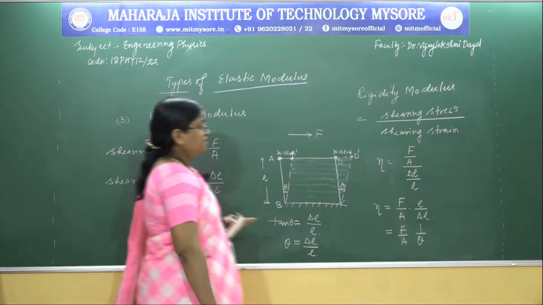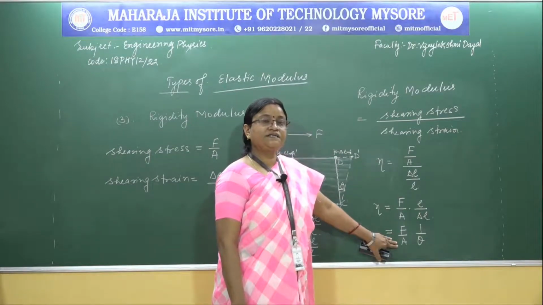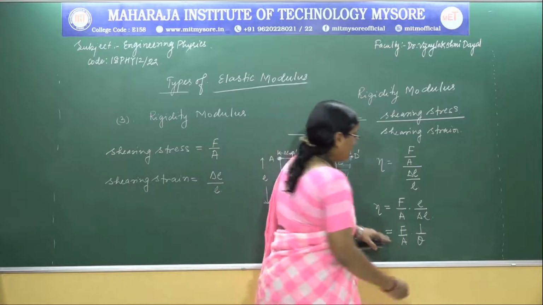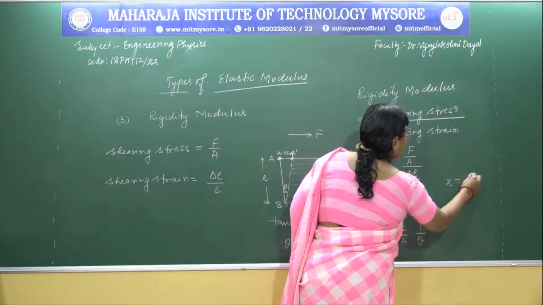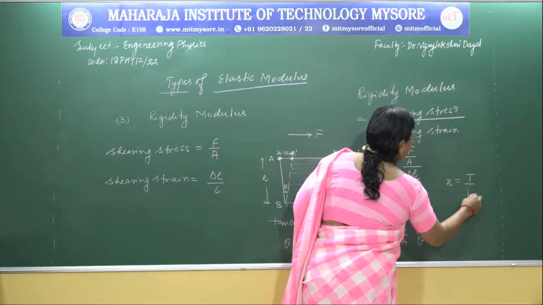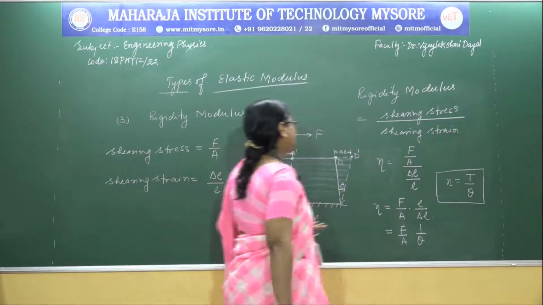Now again, if we denote force per unit area as the tension produced in the body, then this rigidity modulus can be expressed by the equation T by theta.